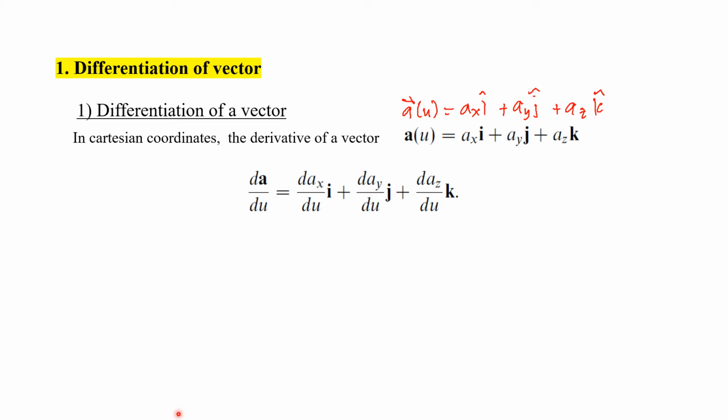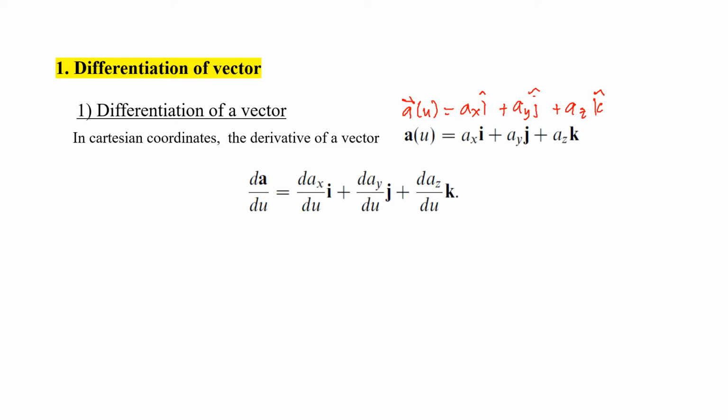Now, in Cartesian coordinates, the derivative of vector A with respect to u is dA/du, and that is equal to dAx/du i plus dAy/du j plus dAz/du k.